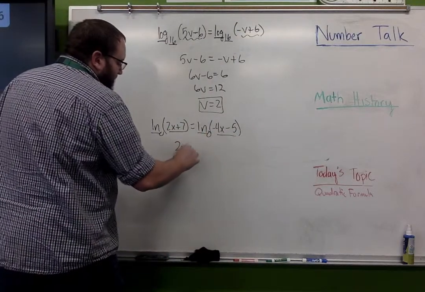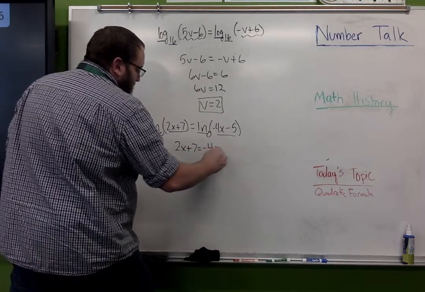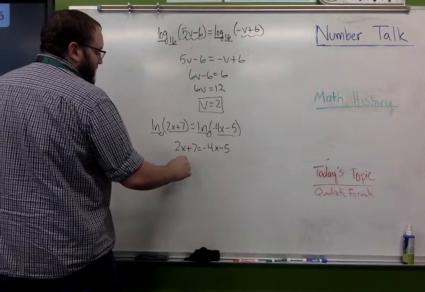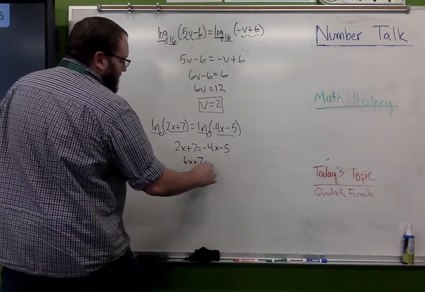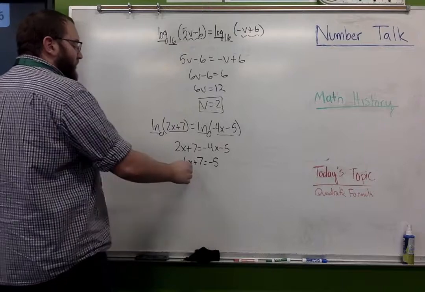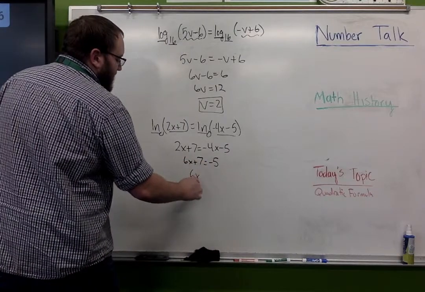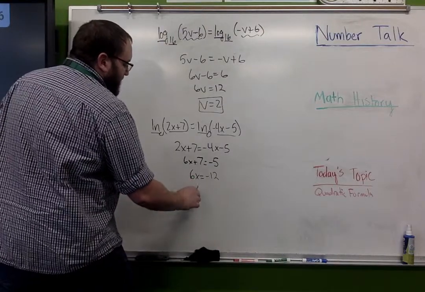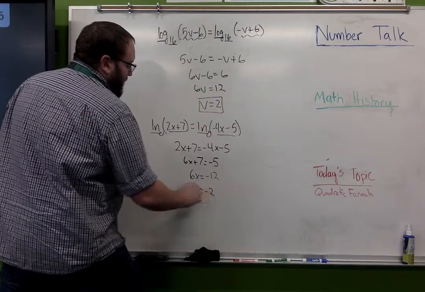So 2x plus 7 is equal to negative 4x minus 5. I'm going to add 4x to both sides. So I get 6x plus 7 is equal to negative 5. Subtract 7 from both sides. 6x equals negative 12. Divide by 6 both sides. x is equal to negative 2.